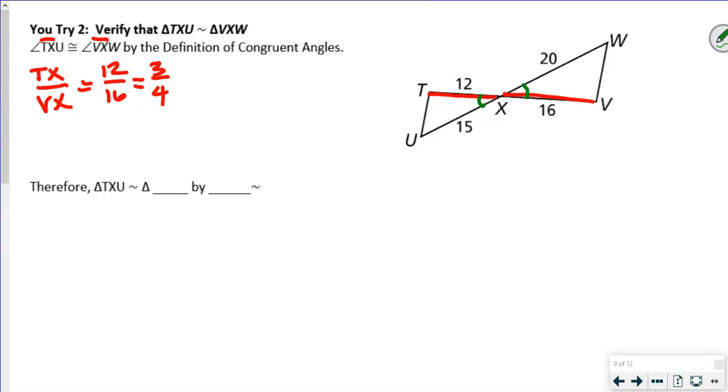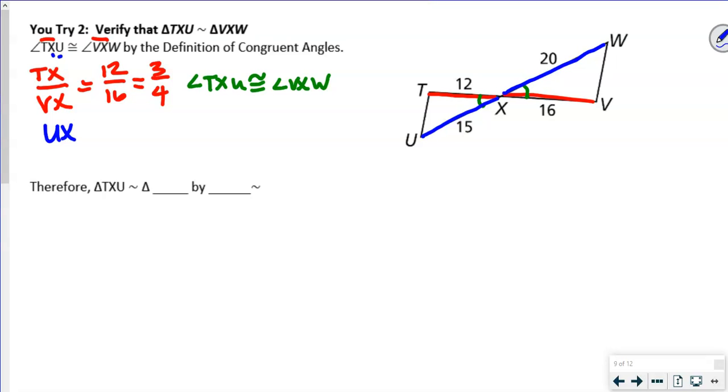And so we're going to say that angle TXU is congruent with what angle? VXW, right? Angle VXW. Now we want to compare our other side, okay? So we're going to compare now this side, which we could say is UX over what?